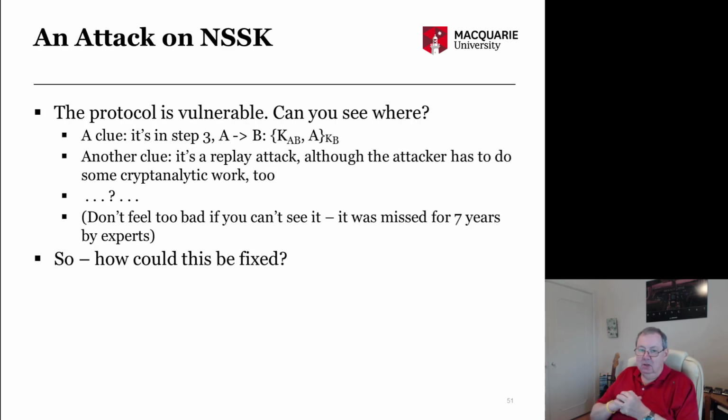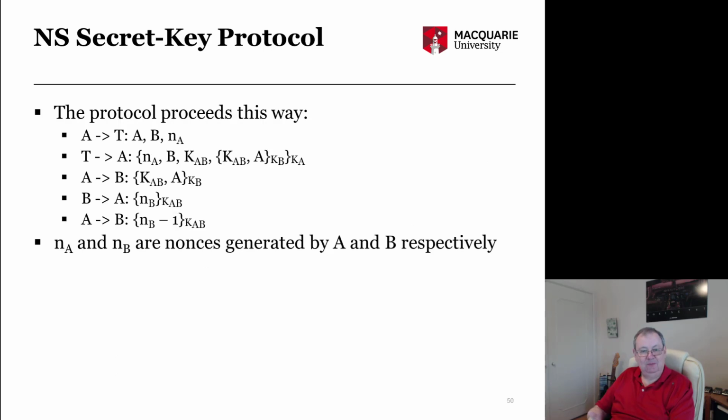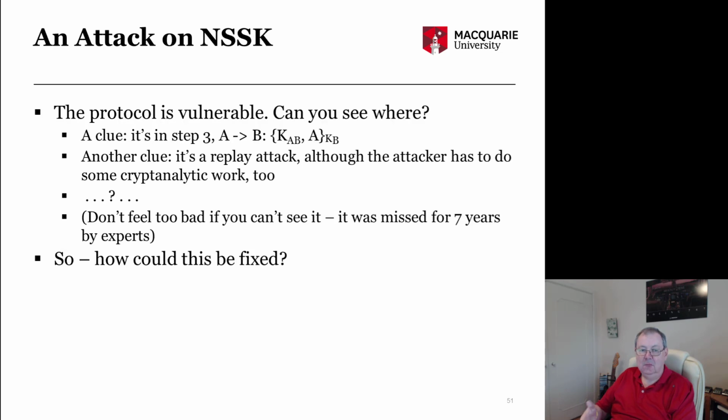Trouble was, 7 years later, in 1981, Denning and Sacco published an attack on the Needham-Schroeder secret key protocol. Now, I'm just going to let you pause for a few minutes. Look at this slide, maybe pause the lecture at this point, and see if you can see where the vulnerability lies. It's actually in step 3.